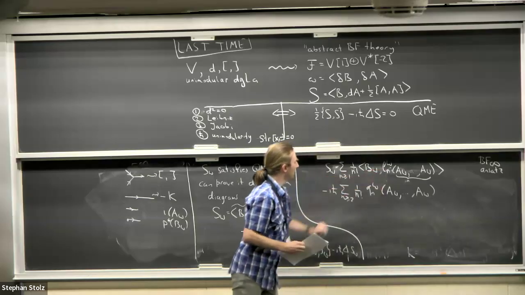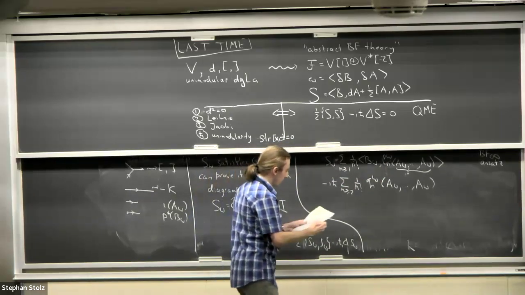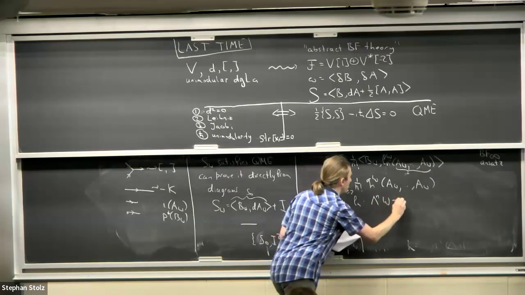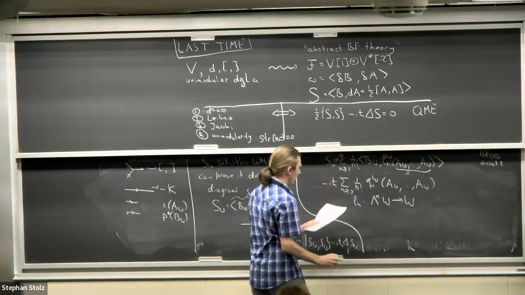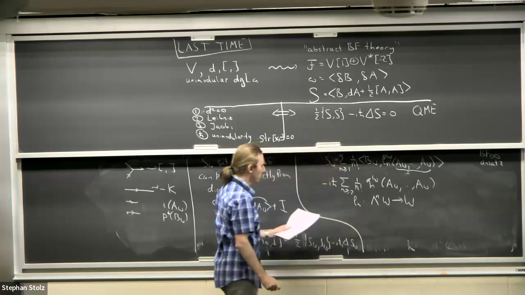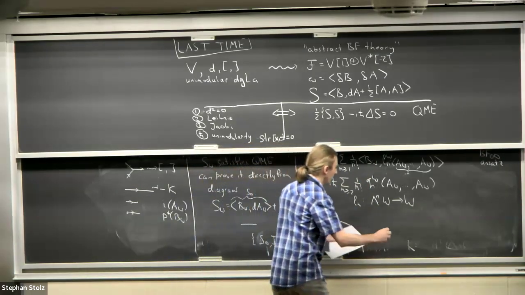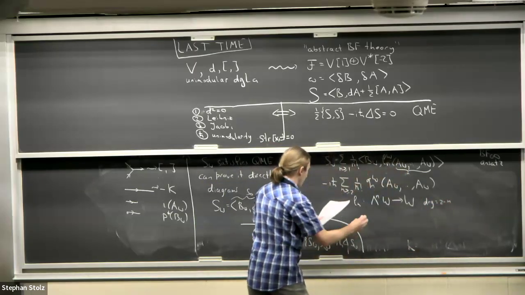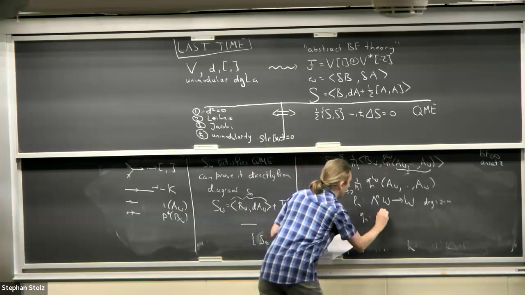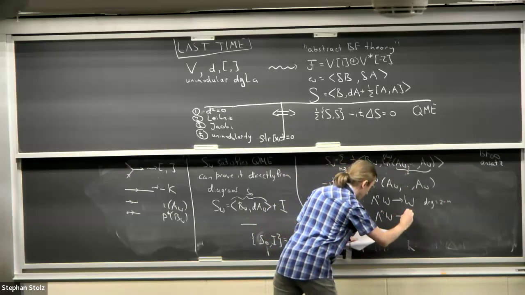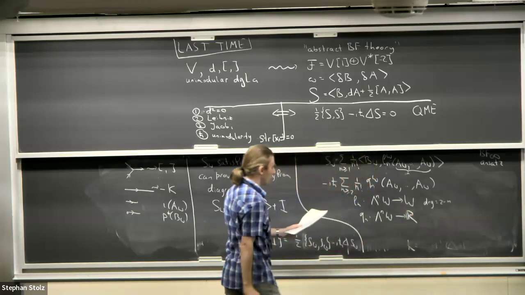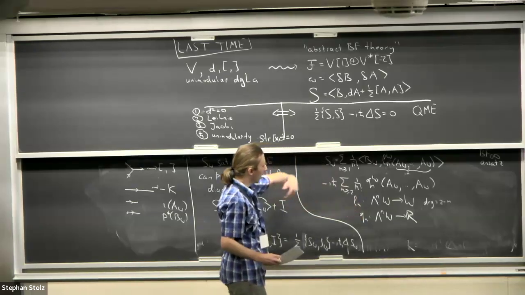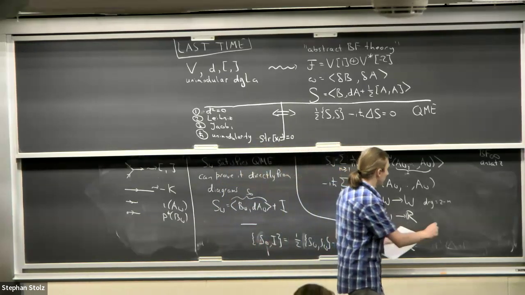So Ln and Qn are multilinear operations. Ln takes n inputs in W and spits out an output in W. It's a skew symmetric operation of degree 2 minus n. And Qn takes n inputs and spits out a number.